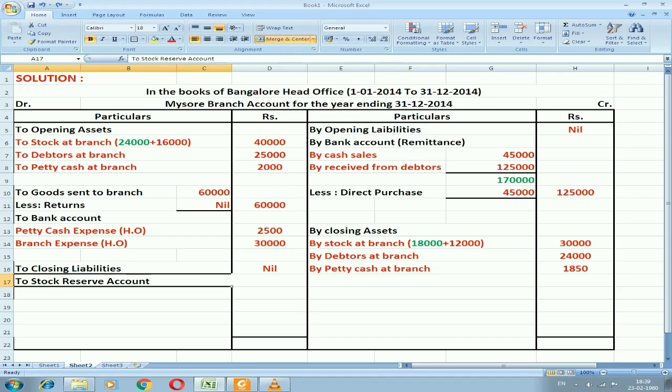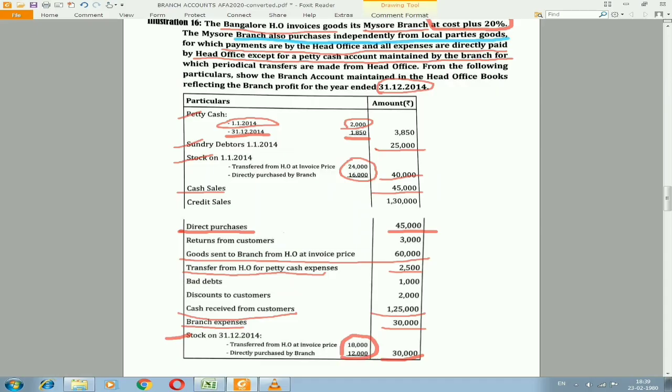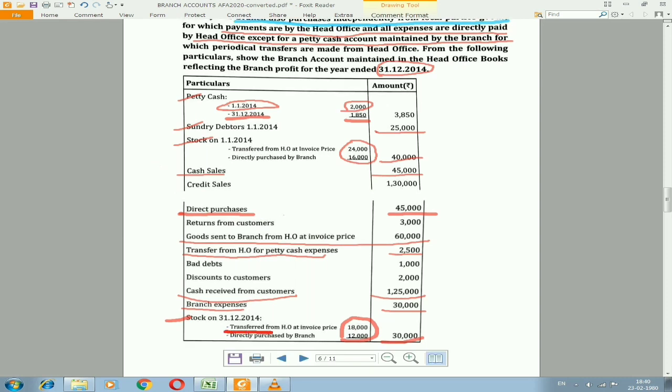That is, only on 18,000 we are supposed to charge that profit margin. Closing stock, as you can see, 18,000 sent by head office into 20 divided by 120. This profit margin will be taken only on the goods sent by the head office, because those goods include invoice price, not the goods purchased directly by the branch.